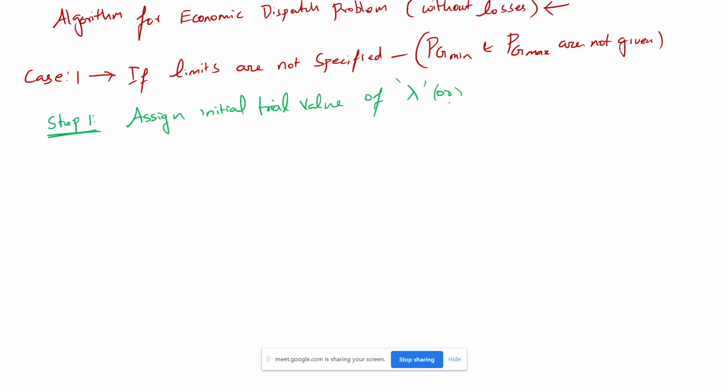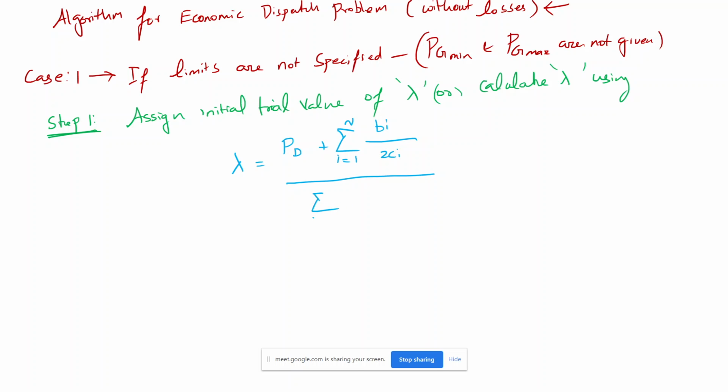Then you calculate the lambda value by using a formula. What is the formula for lambda? Lambda is equal to PD plus summation i equal to 1 over n of bi divided by 2ci, whole divided by summation i equal to 1 over n of 1 divided by 2ci. So using this we can find out the lambda.